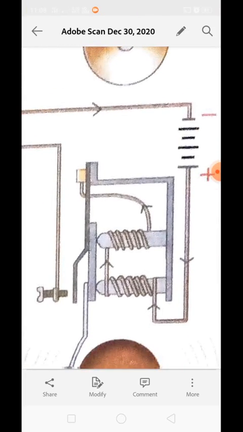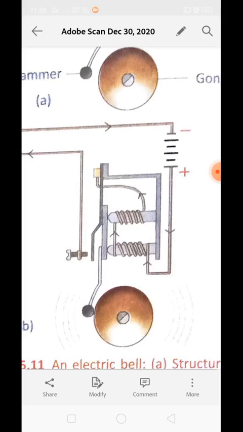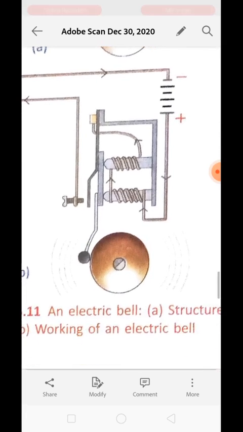It will move in the downward direction and it will hit the gong. Understood? In this way the sound will be created. Now the hammer connected at the end of the armature moves and hits the gong and produces the sound. This is the way the sound is created.